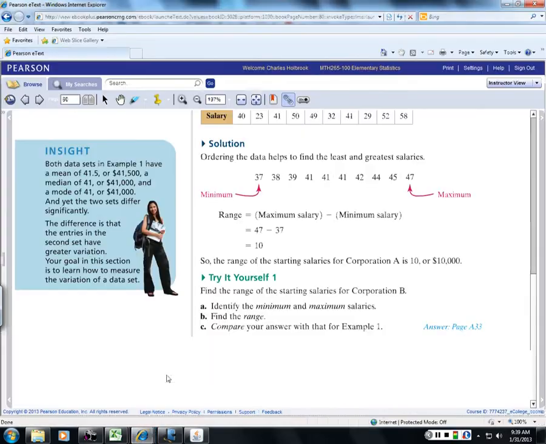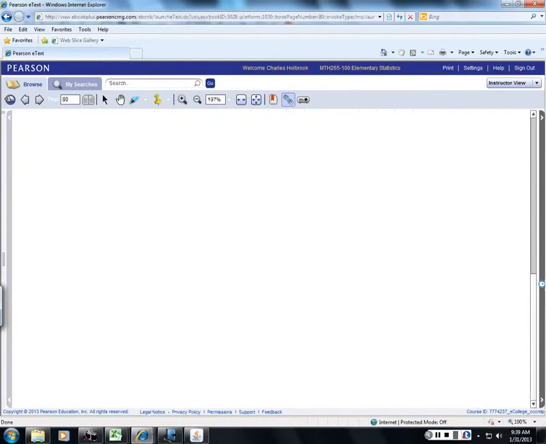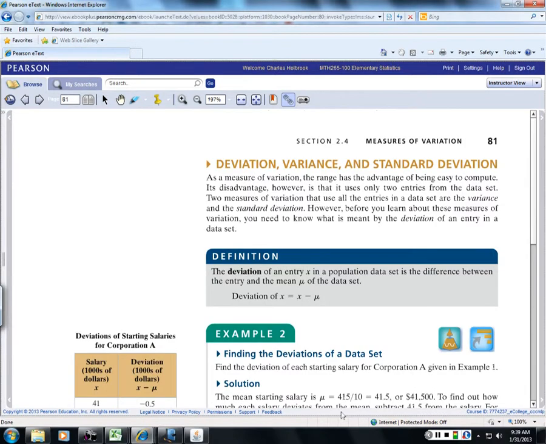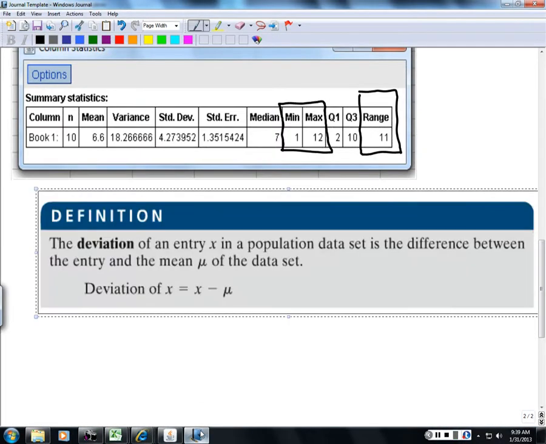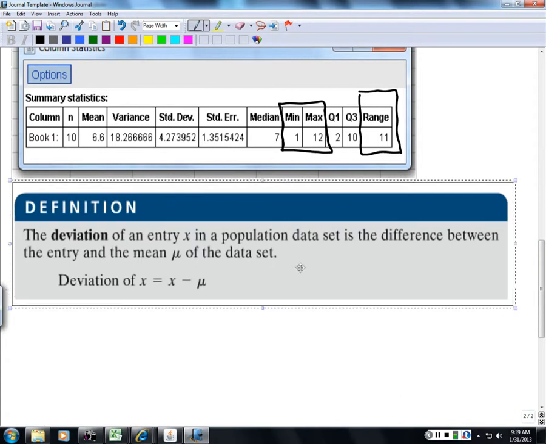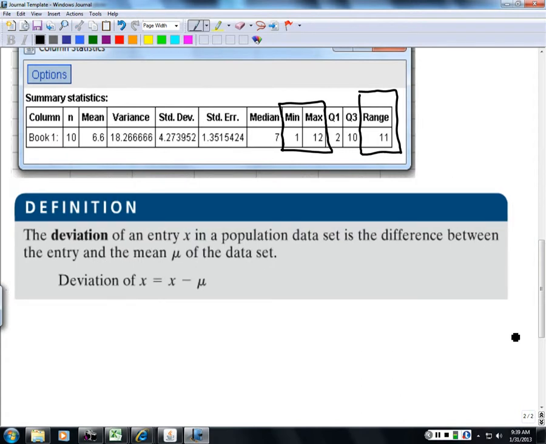In the textbook, we talk about deviation. The deviation of an entry, X, in a population data set is the difference between the entry and the mean, mu, of the data set.